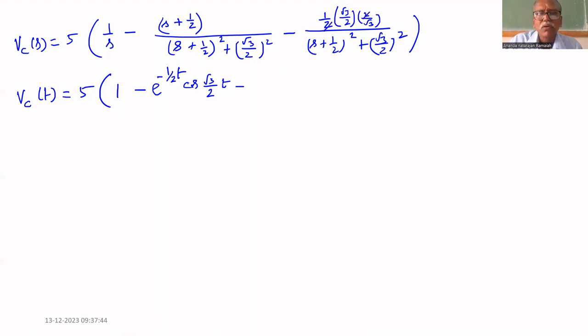Therefore, 1 by root 3 sine root 3 by 2 t, e power minus 1 by 2 t. So this is VC of t.